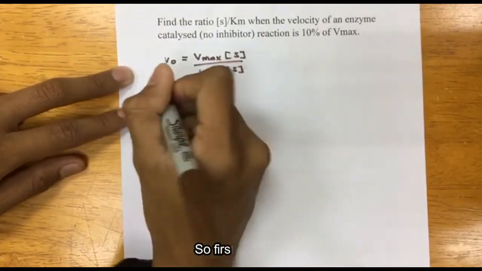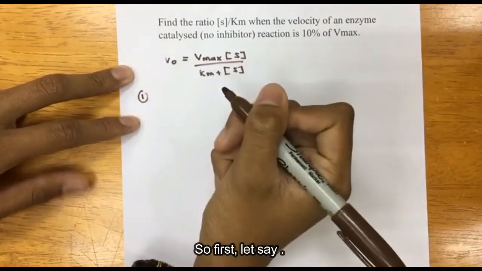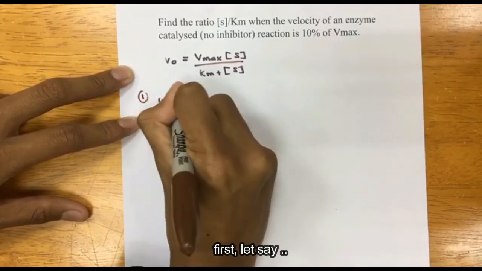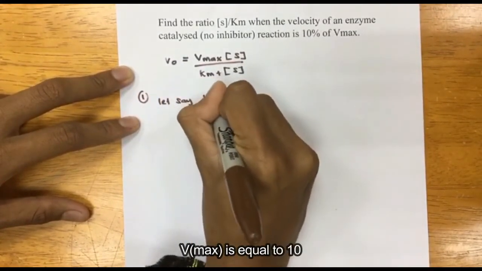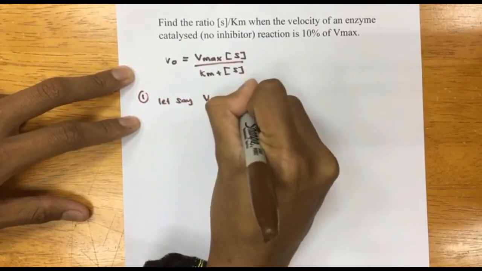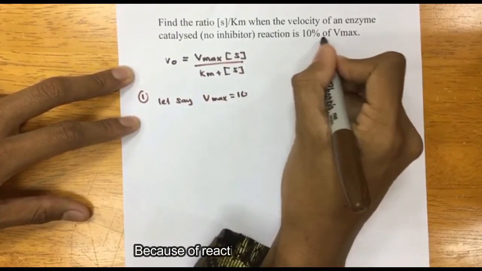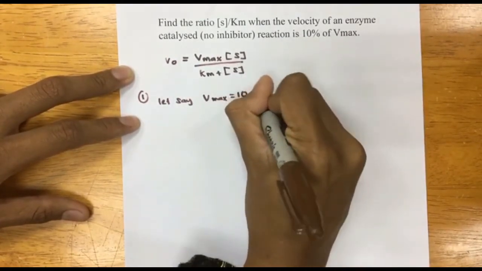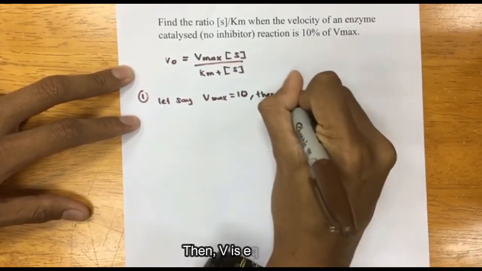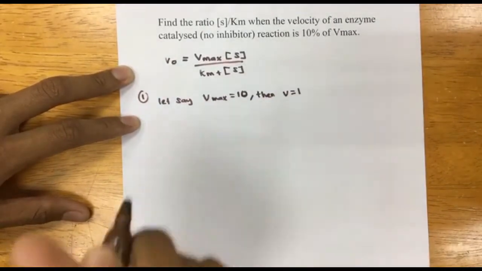So first, let's say Vmax is equal to 10, because the reaction is 10% of Vmax. Then V is equal to 1.